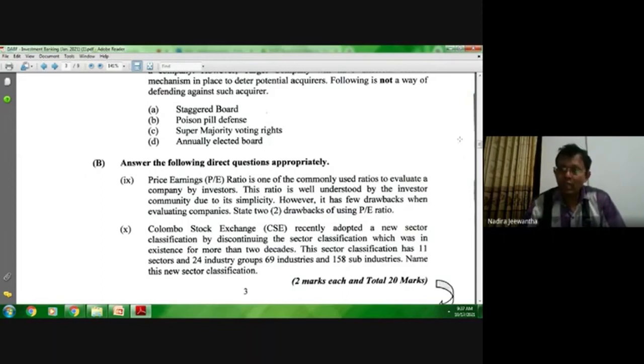So when you issue shares in a particular year, the number of shares increases.